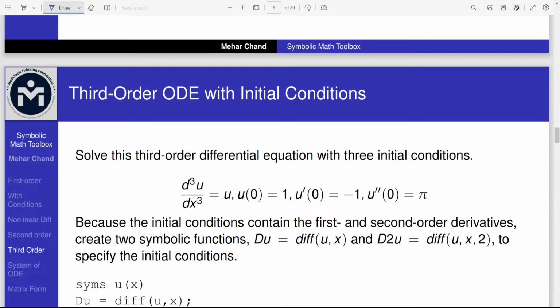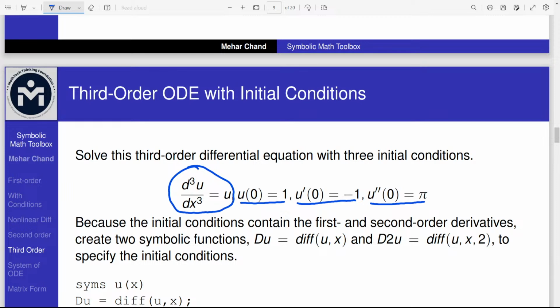How can we solve it? This is also quite interesting and simple. We are given this third order differential equation, with u0 equal to 1, u dash 0 equal to -1, the second condition, and this is the third condition.